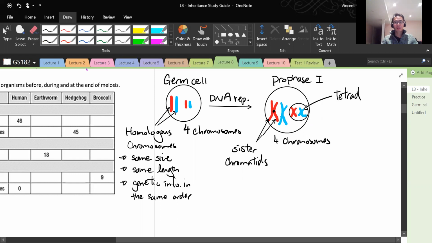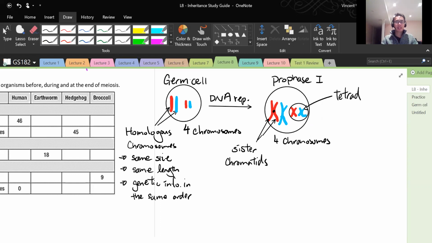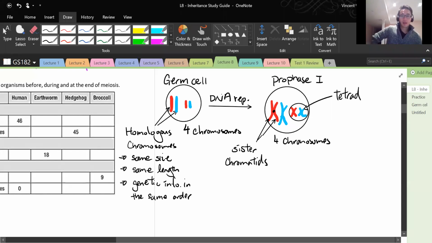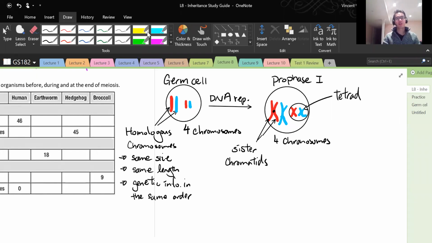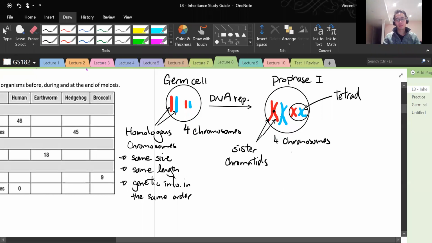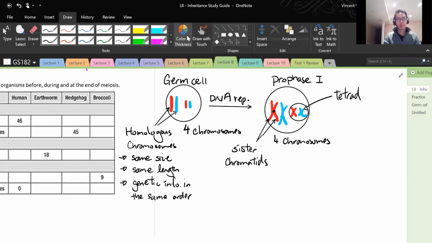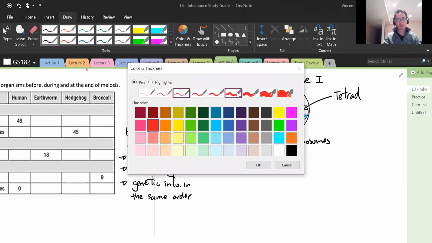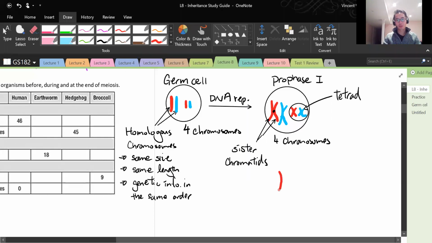Okay. So one of the things that happens in prophase is that there is going to be this exchange of genetic information, right? Crossing over, right? We call it. So, you know, what's going to happen basically is this. Let me try to draw this for you. I'm sure you've seen it in the lecture notes.